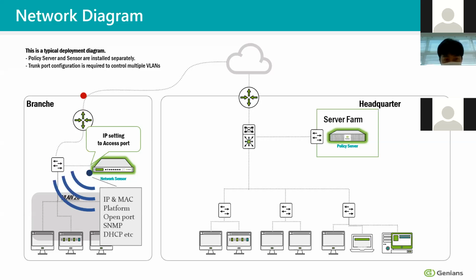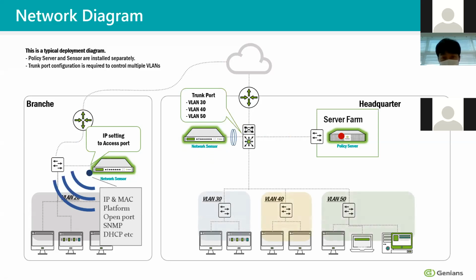And then we send the collected information to the policy server. Also, if there is a headquarters, we need to also put in a network sensor. If there are multiple networks, Genian network sensor supports 802.1Q.